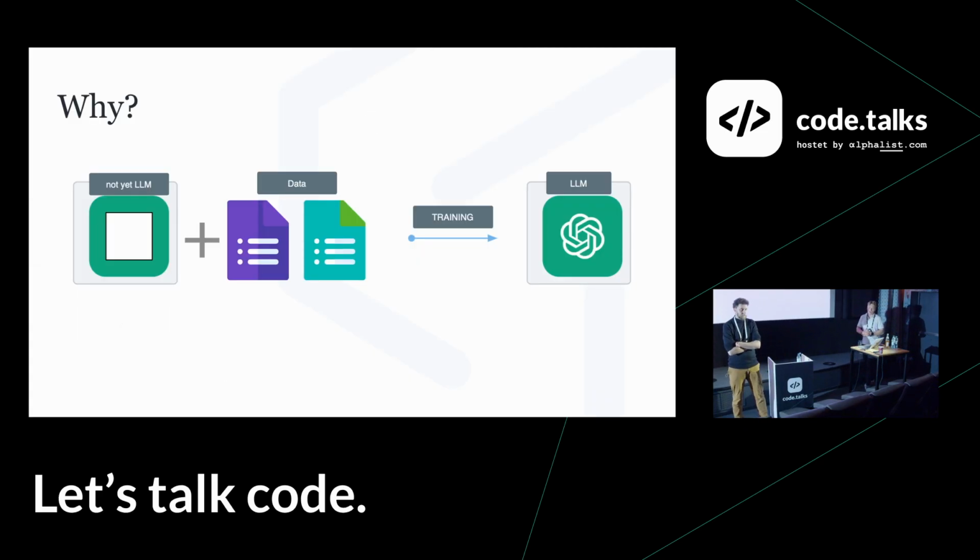So what we need to do is provide the model with this relevant data to answer users' queries. And on this slide, I wanted to point out that the model knows about the things from its training data.